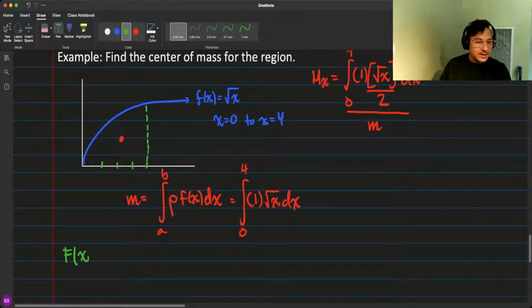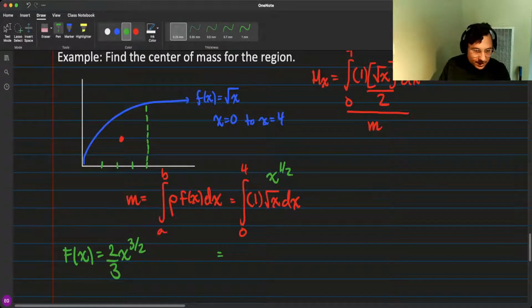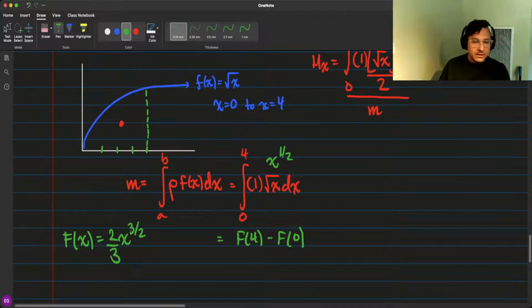Okay, so what's our antiderivative of this? We have x to the 1/2, so you're going to get x to the 3/2 times 2/3. When you calculate your f of 4 minus f of 0, the f of 0 is not going to affect anything. So what's your f of 4?